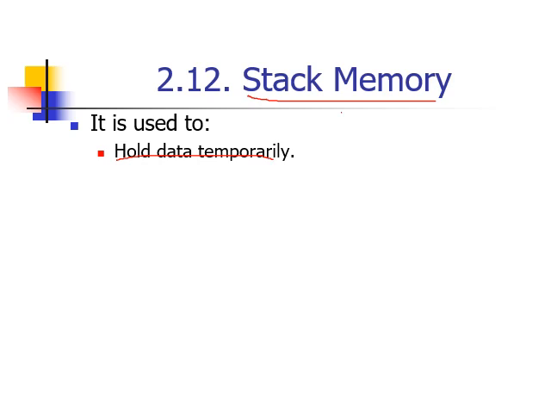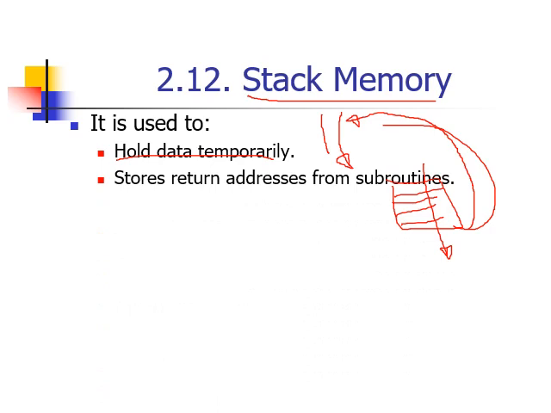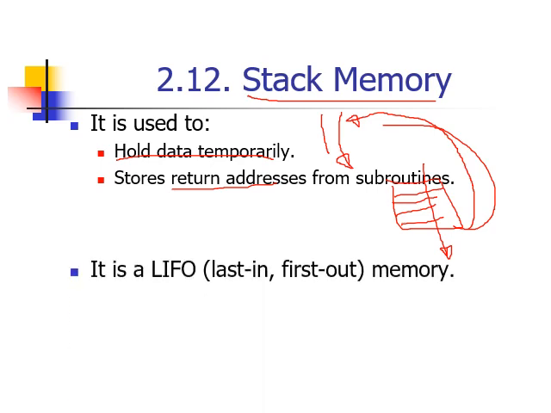When you call some subroutine within the main program, you go to the subroutine and execute the instructions inside it. Then you're finished with the subroutine. You would have to go back to the next instruction, to where you left. To know the address of this location, you place it inside your stack. So you know after finishing executing the subroutine where to go in your main program. We call these return addresses. So you store your return addresses inside your stack.